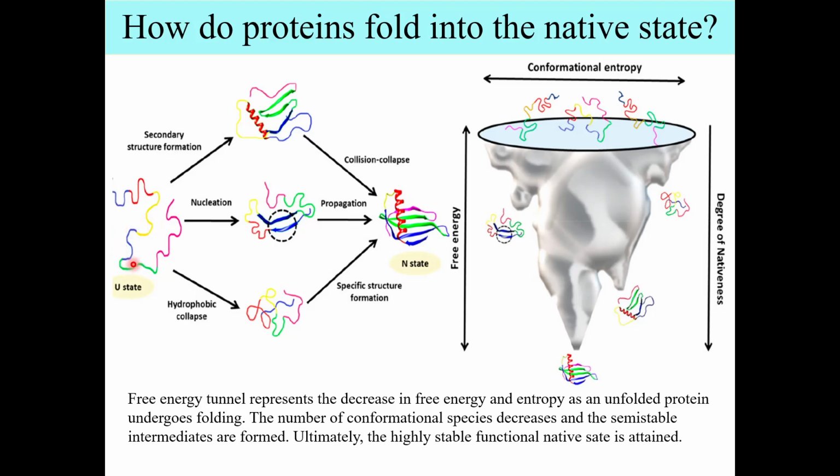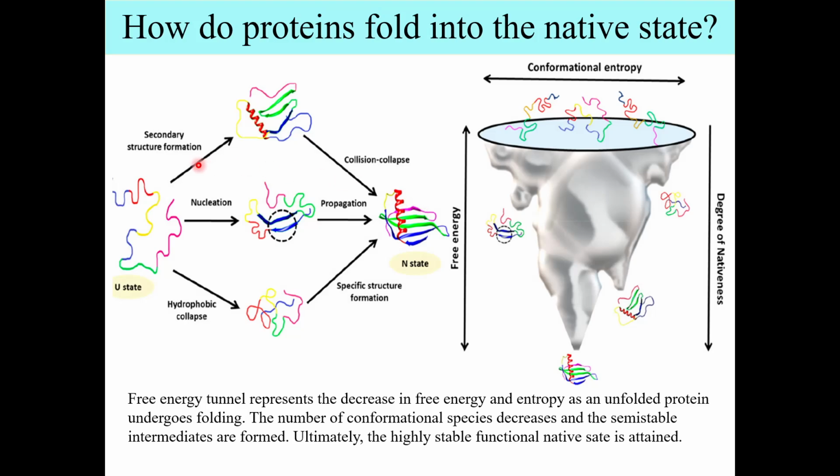Again, the region next to that folds, and this is how it propagates throughout the rest of the protein, and we get the native state structure. So nucleation means from a very tiny point, secondary structure formation begins and propagates throughout the rest of the protein to give you the folded state.